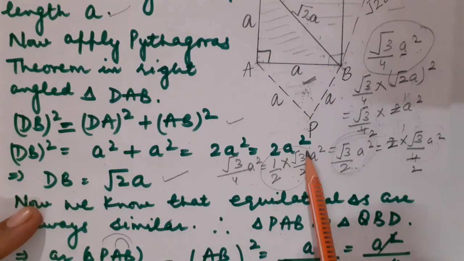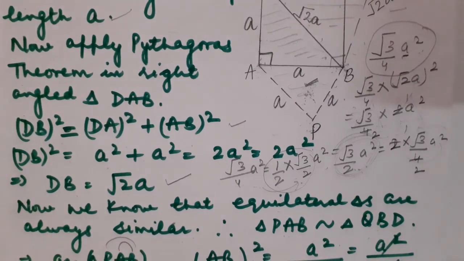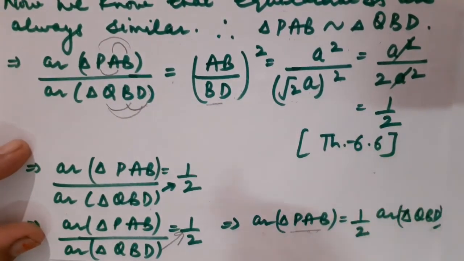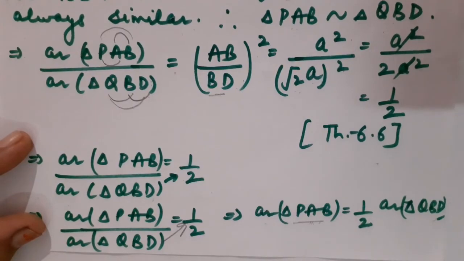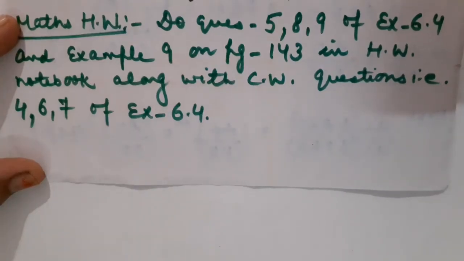So this is actually equal to root 3 by 4 a square. So hence proved. This is the alternate method, children, which I have explained to you. If you want to apply theorem 6.6, which I have just used over here, you can go using that theorem also. Clear, children?